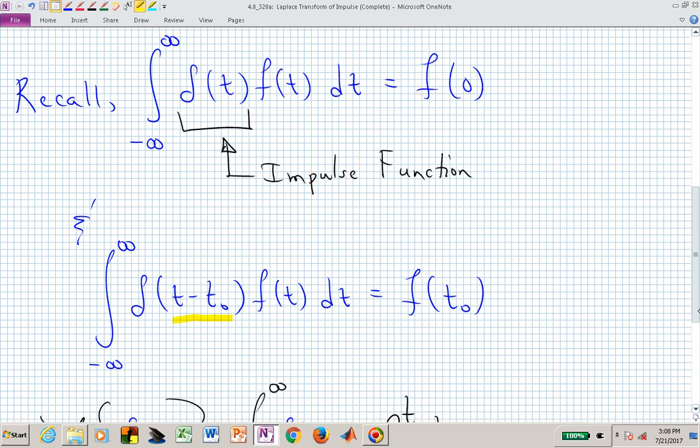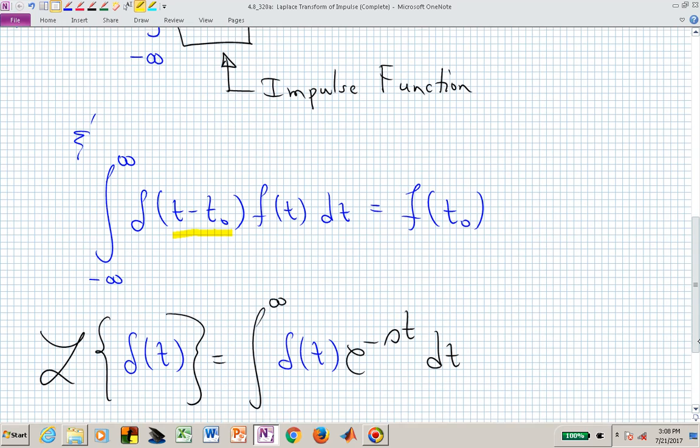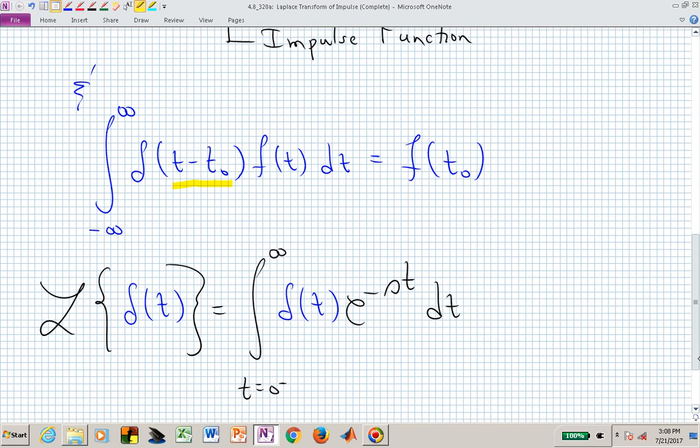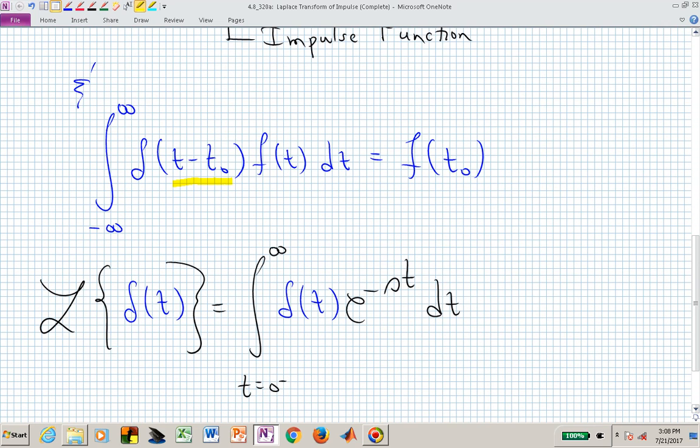If we now want to use that understanding to help us Laplace transform the impulse, look at what we have. We could think of e to the minus st as our f of t up above.